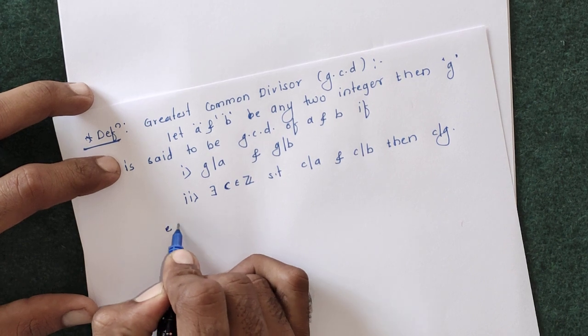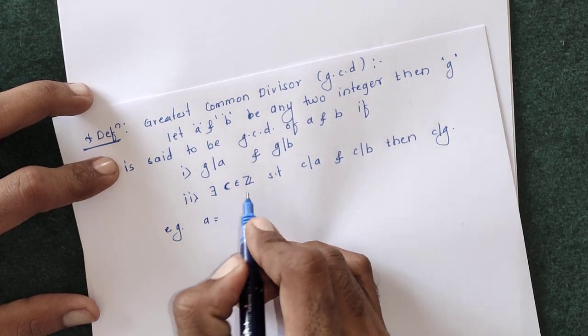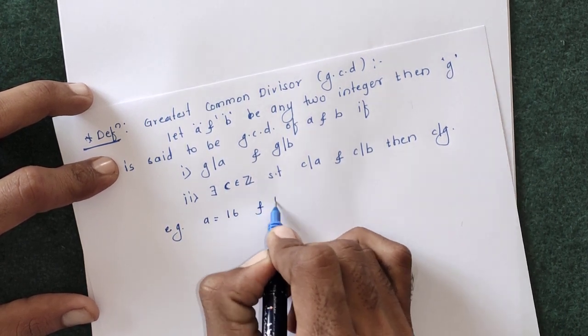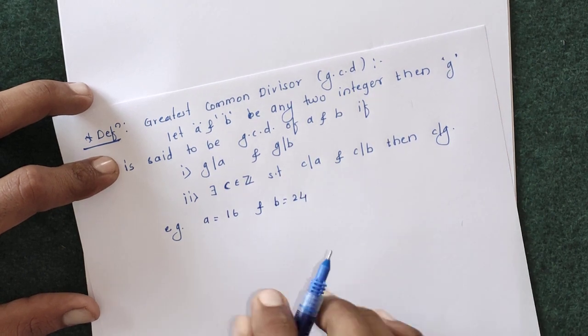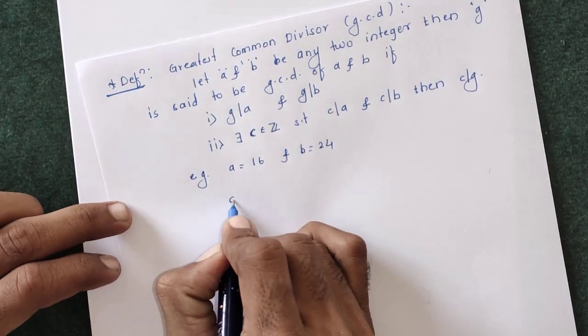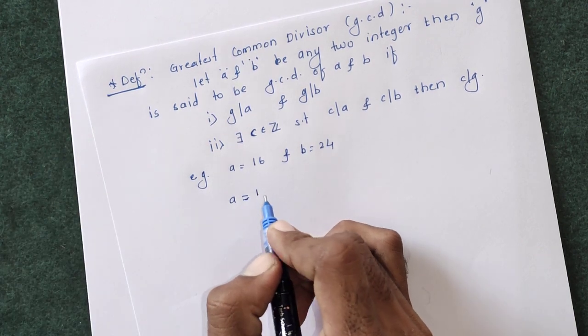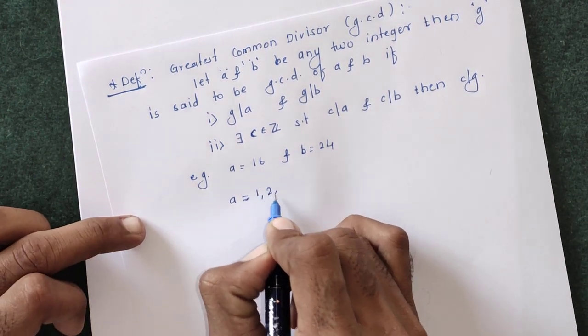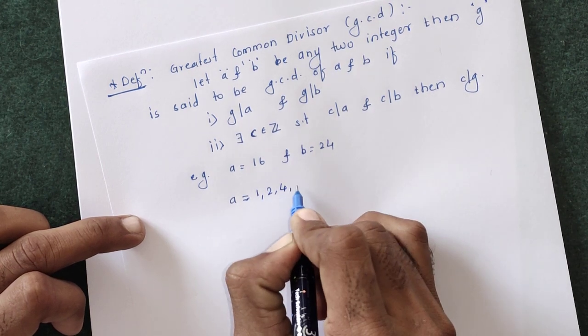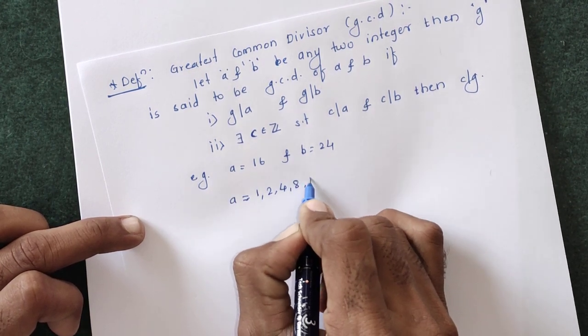For example, suppose A is equal to 16 and B is equal to 24. Then the divisors of A are 1, since 1 divides 16, then 2, then 4, then 8 and 16 itself.